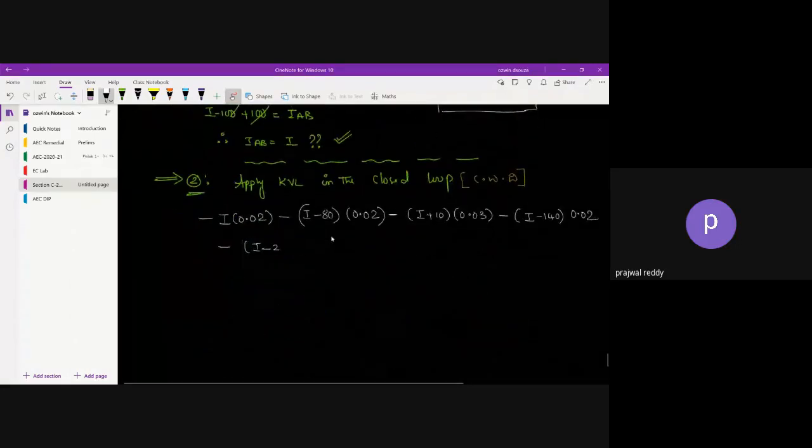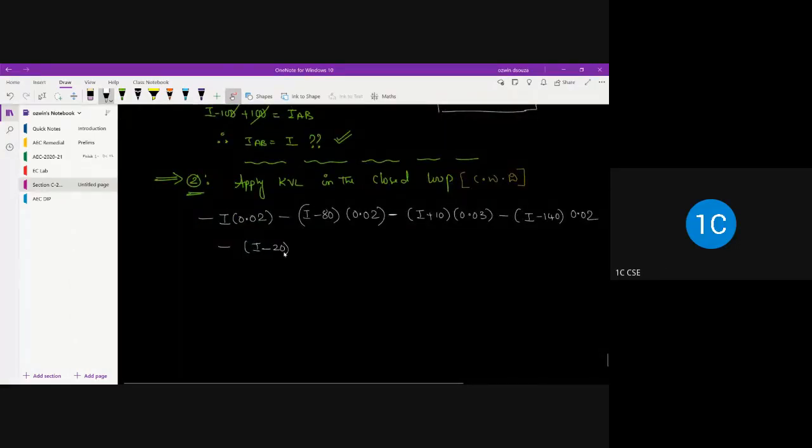I don't recall getting 120, that's the reason I asked. Okay, 20, into 0.01. And then minus I minus 100 into 0.01. That's it, right? Yes, sir. Is equal to 0.